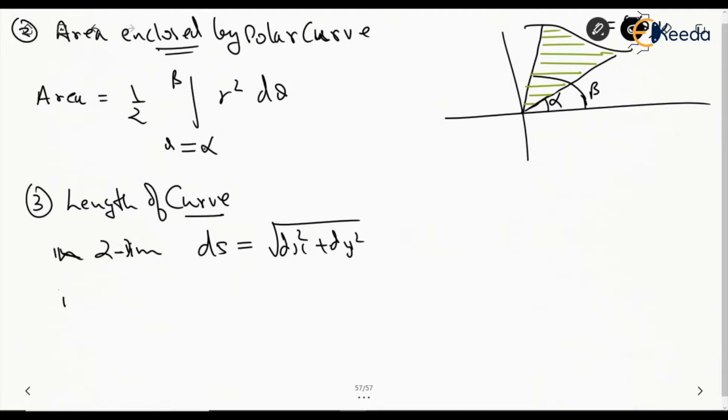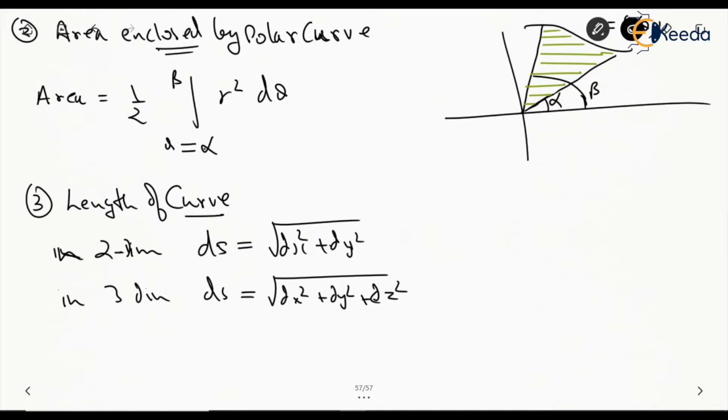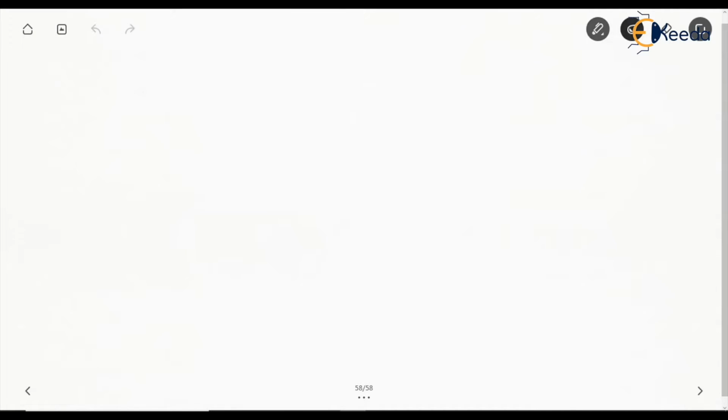And in 3 dimensions, this ds is given as under root of dx square plus dy square plus dz square, right? So we'll elaborate on this. Let's say this length of the curve will be given as integration of ds. Obviously ds is the elementary length of that curve, right?